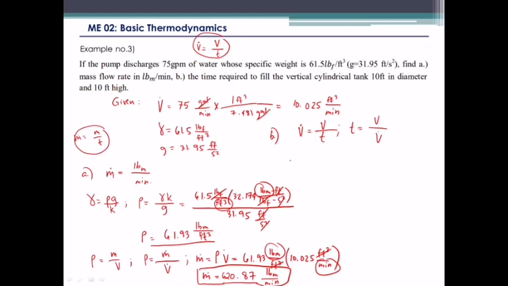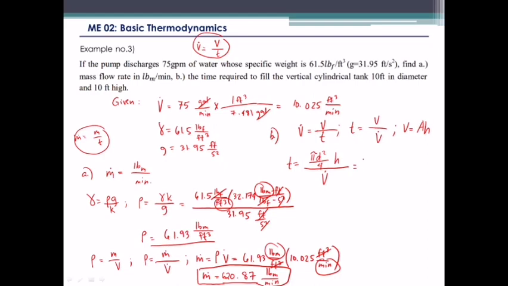So we must get the volume of the cylindrical tank. The volume is the area of the base times height. Since it is a cylindrical tank, our base is a circle. So that is pi d squared over 4 times the height, all over the volume flow rate, which is given.